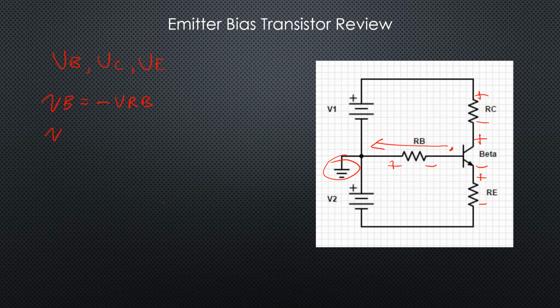VC is here, and I can Kirchhoff this way, or I can Kirchhoff this way. Both those values should give me the same exact VC. So that's equal to minus VRC plus V1, or plus VCE plus VRE minus V2.